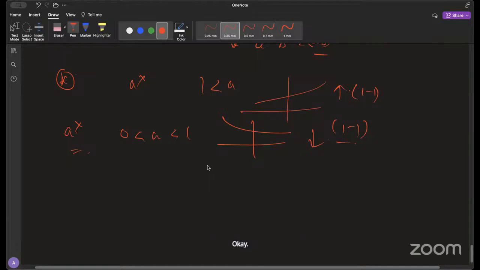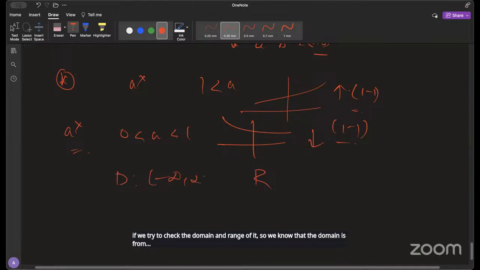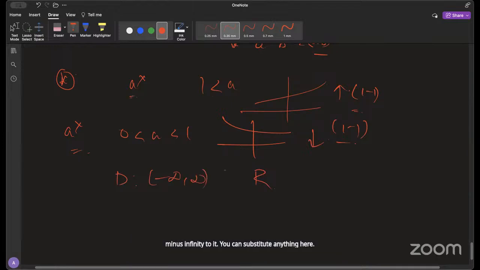Okay. Both of them are 1-1 functions, and if we try to check the domain and range, we know that the domain is from minus infinity to infinity. You can substitute anything here. I hope that's not an issue. Everyone understands why we can substitute anything in this function. And then the range is from 0 to infinity.